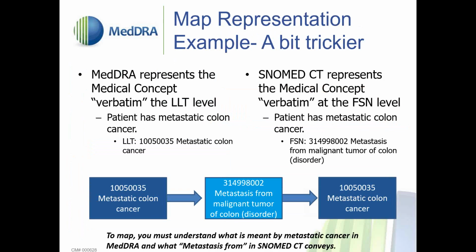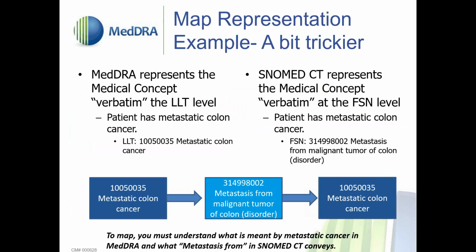Represented at the verbatim level, or the verbatim concept at the LLT level in MedDRA, the patient has metastatic colon cancer. This was a scenario that we had some conventions around in our conventions document, so I would encourage you to take some time to familiarize yourself with this. But for purposes of this example, metastatic colon cancer was ultimately mapped to the FSN of metastasis from malignant tumor of colon disorder.